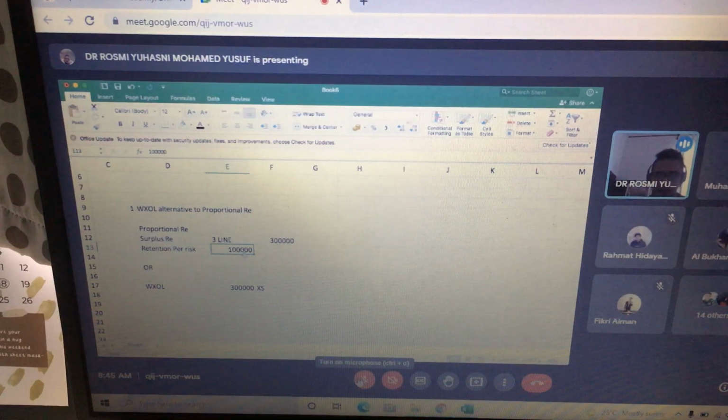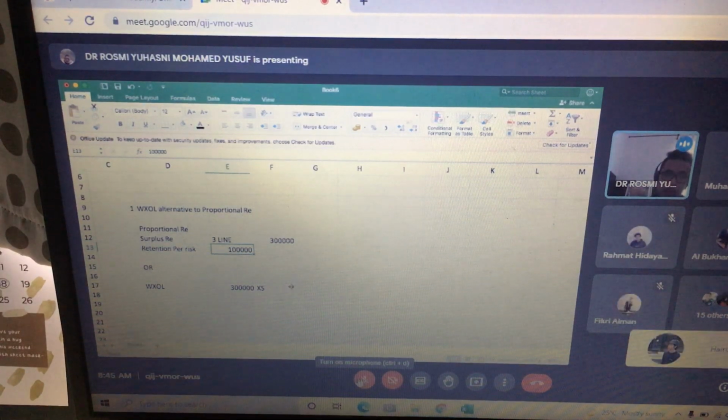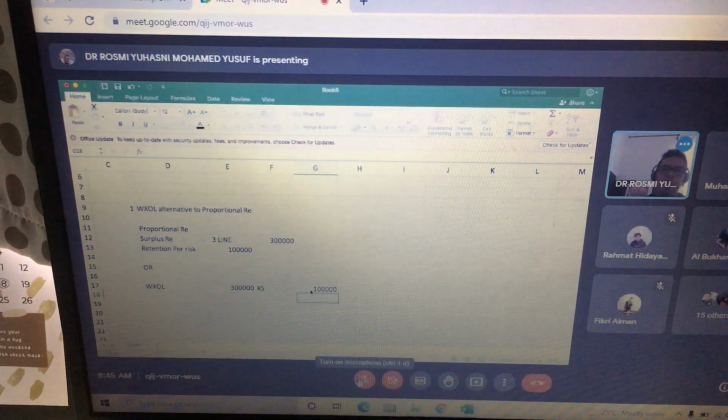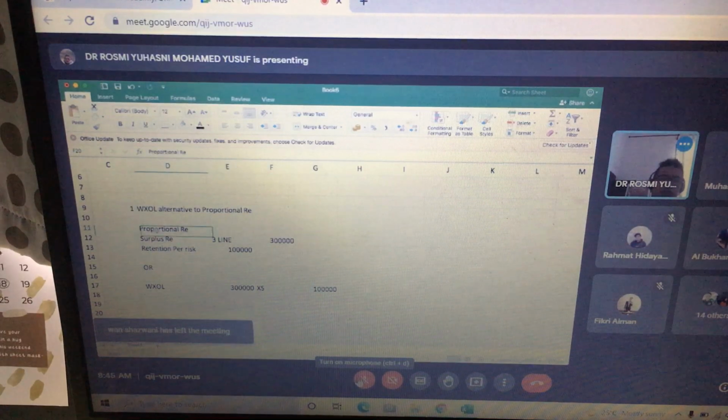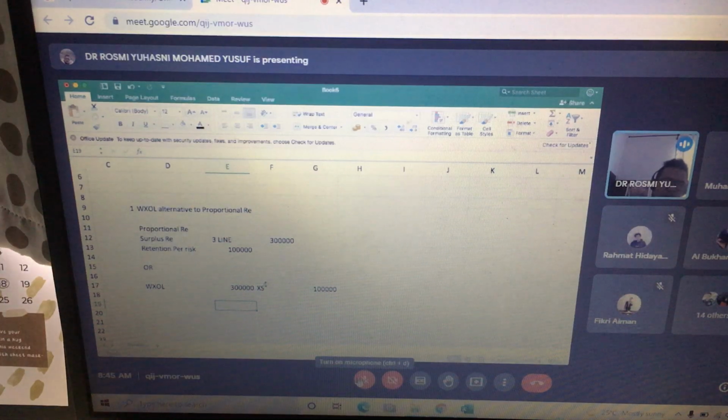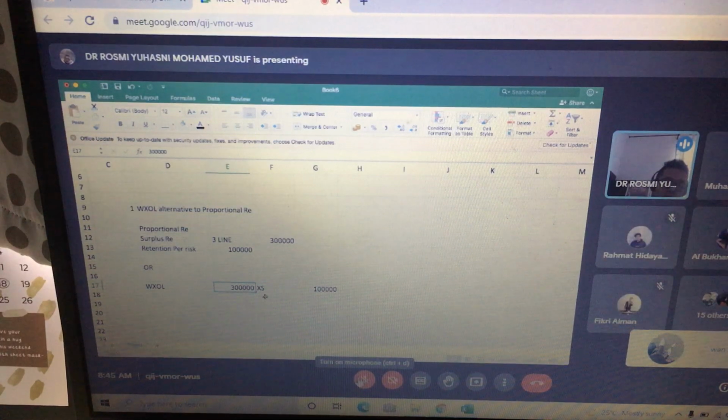So the retention per risk under proportionary will be the deductible under working excess. So now working excess works similar with proportionary because the required cover for each and every risk is 300,000, and for working pun dia akan ada cover up to 300,000.